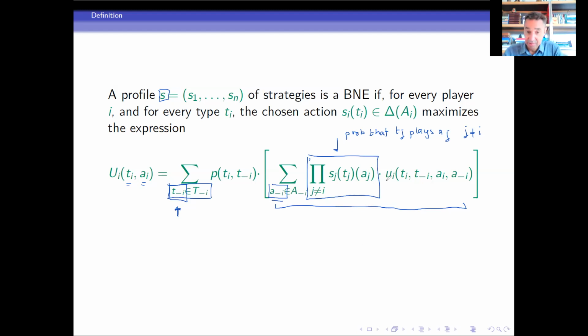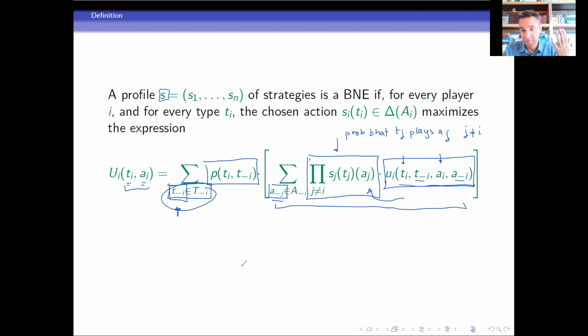And if they do that, then this is the payoff that you receive, right? So this is the t_{-i} that we chose, and this is the a_{-i} that we chose over here. You currently have this type and you choose this action. That is what's stated over here. And then this is the payoff that you get. That payoff is then multiplied with the probability that this is actually going to happen. And then you sum up these expressions multiplied by the probability that this type is indeed realized. So this is really literally computing the expected payoff.